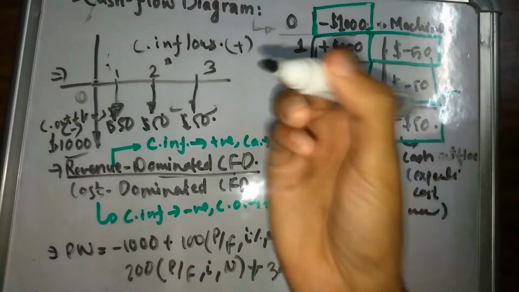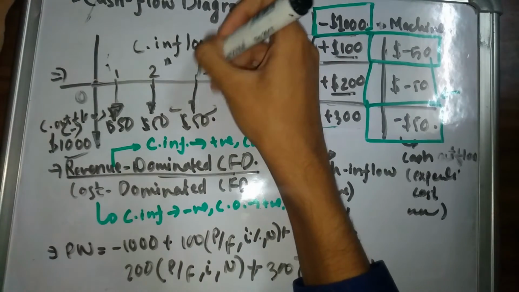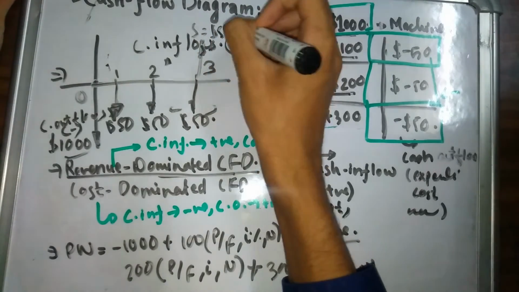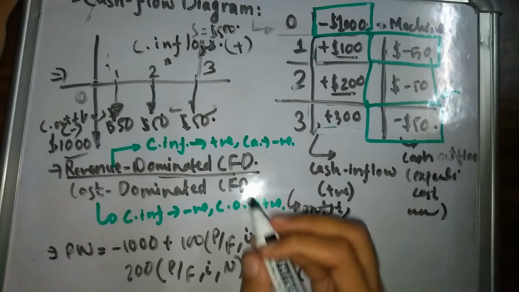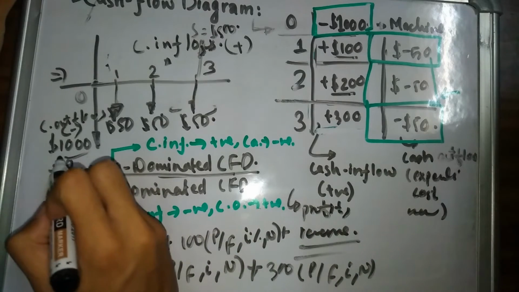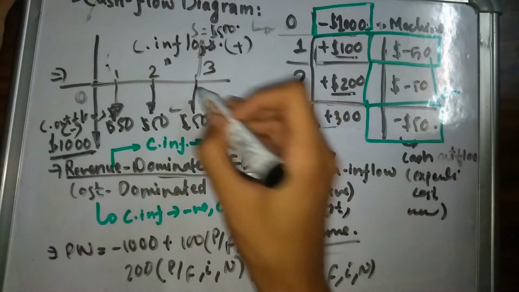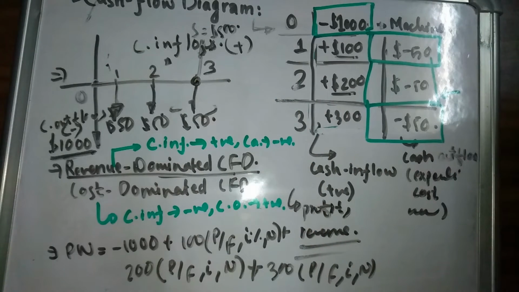So let's suppose we have a salvage value at the end of year 3, equal to $500. If you don't know what salvage value means, it basically means the decreased cost of our machine when it is at the end of its usable period.